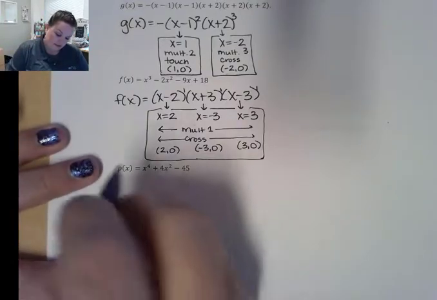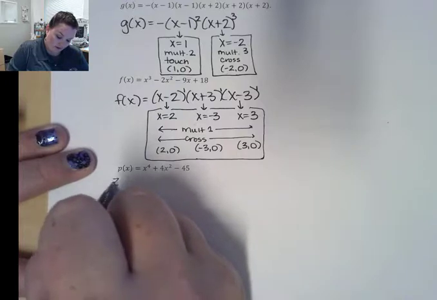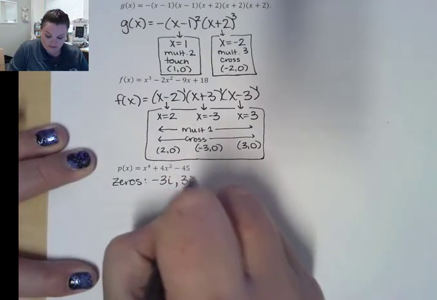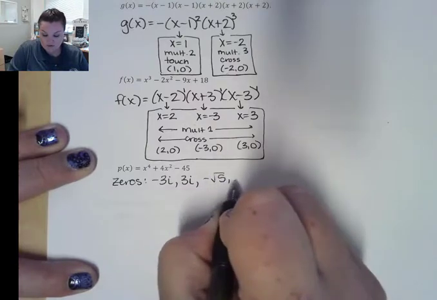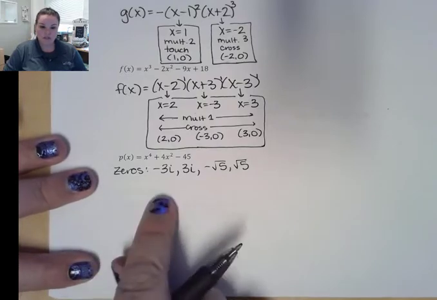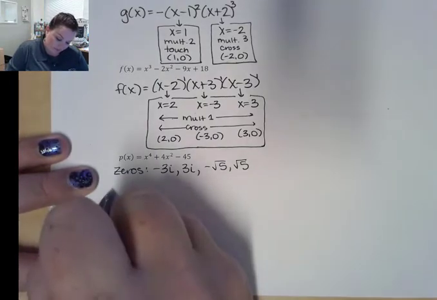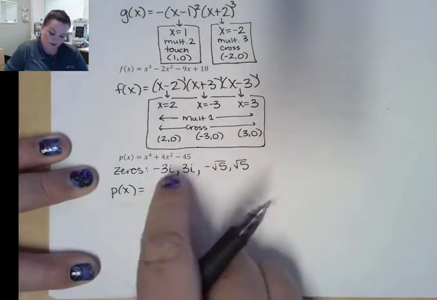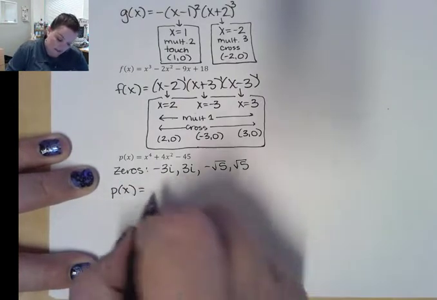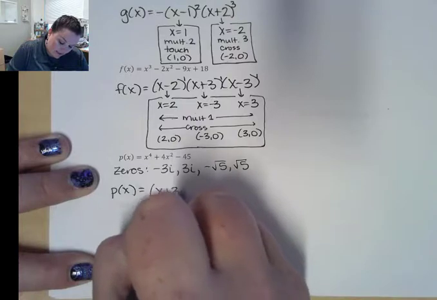So I'm going to go ahead and write what zeros I got. I got negative 3i, positive 3i, negative square root of 5, and square root of 5. Okay? So if I wanted to write this in factored form, just think about moving those zeros back across. If I move this one back across, I'd get x plus 3i.